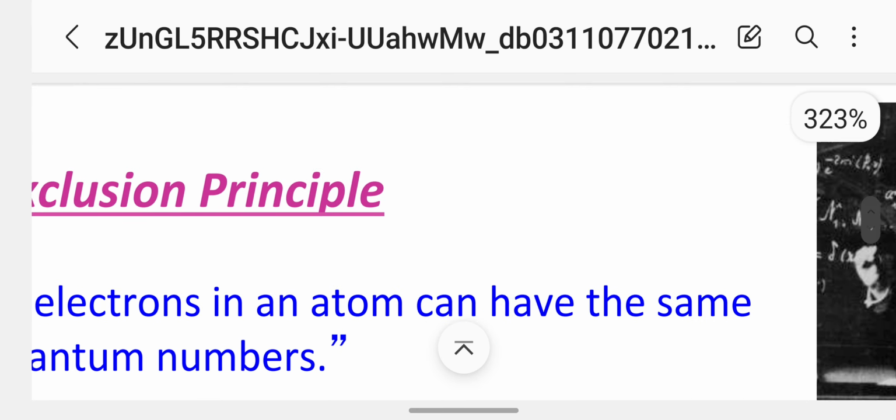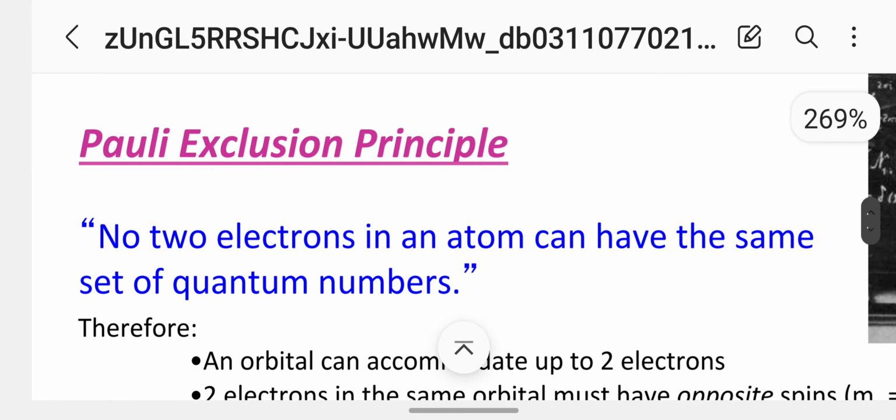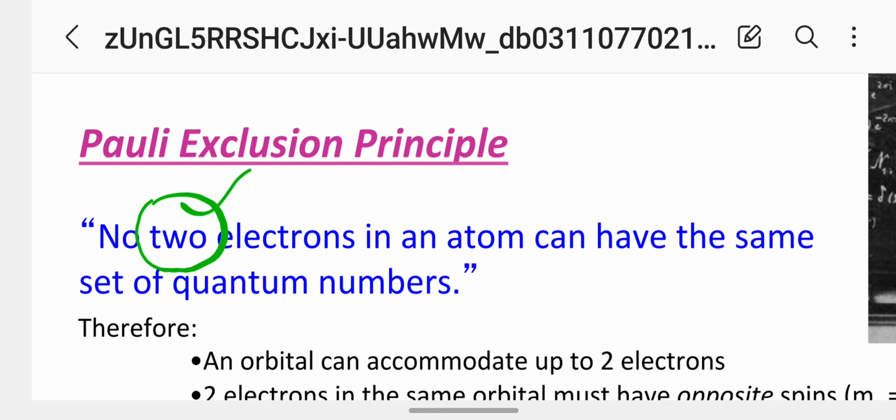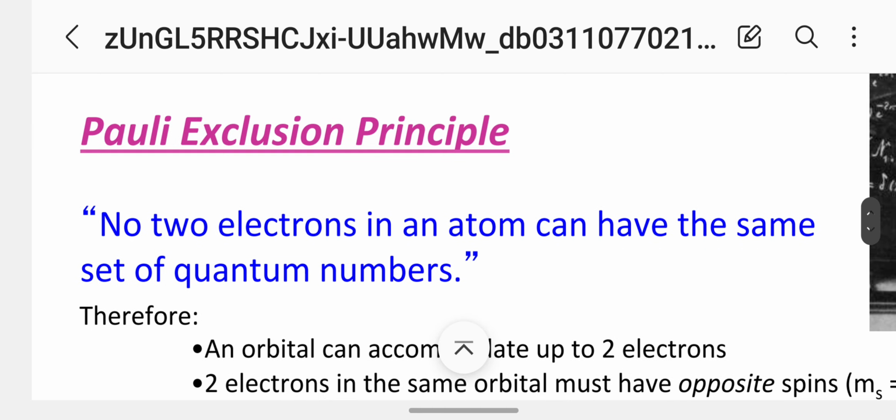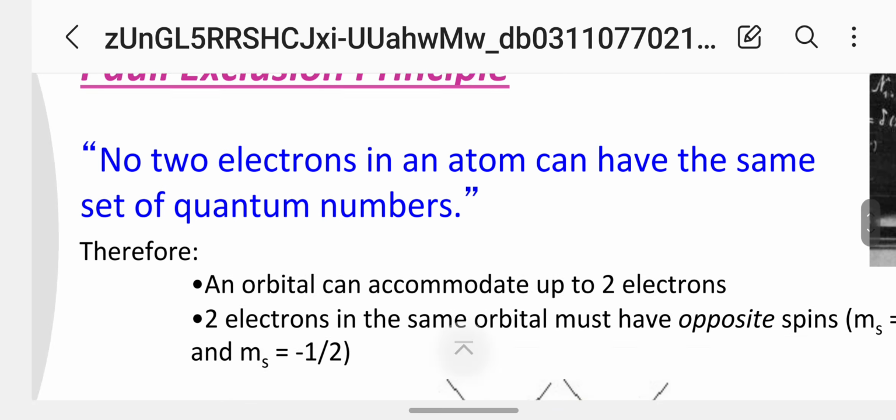The Pauli exclusion principle states that no two electrons in an atom can have the same set of quantum numbers.